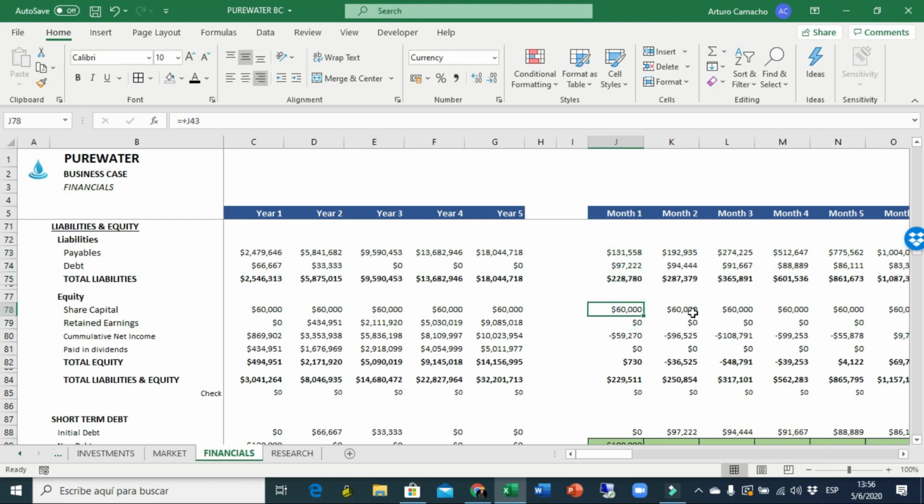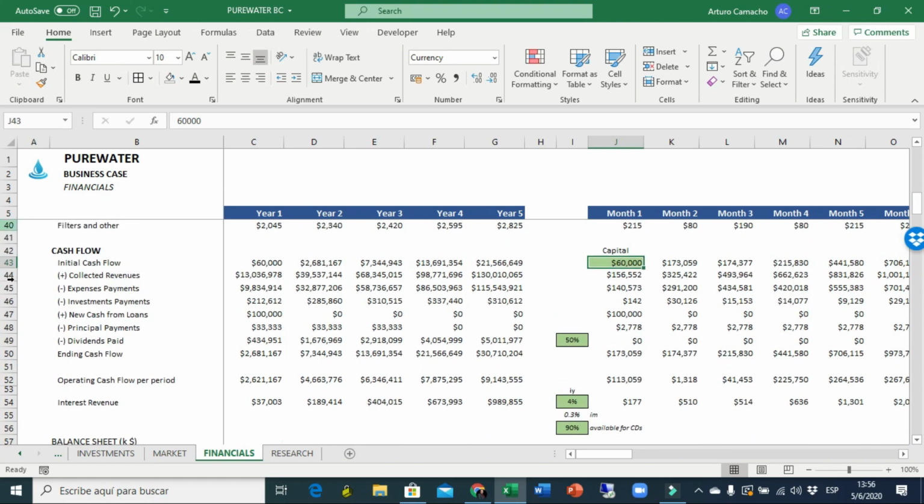Okay, the equity has a bit of a trick. Here, the share capital. This is going to be the initial investment of our stockholders. So it's coming from this cash flow. This one is an input from the user because it's the amount of money that the stockholder invests in the company.